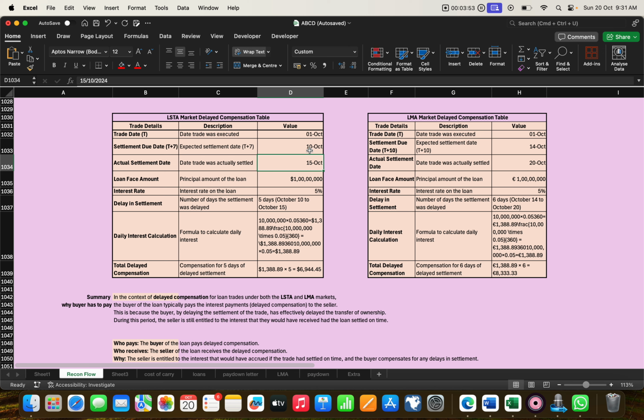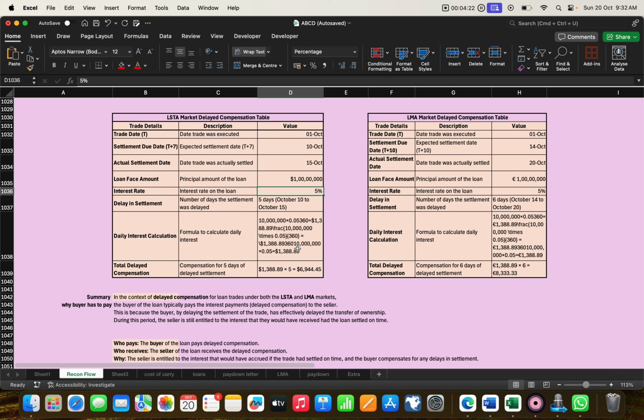Expected was 10 October and it actually happened on 15 October. The principal amount of the delayed settlement is 10 lakh dollars. With an interest rate of 5%, the 5 days will be calculated: 10 lakh multiplied by 0.05, which is equal to 1.3.